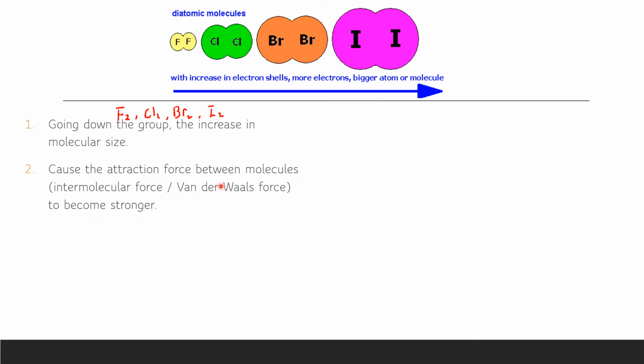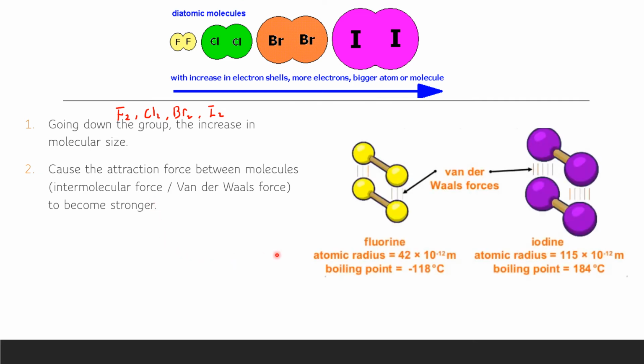The force of attraction between the molecules, we call it intermolecular force of attraction, or the other name is van der Waals force. So the intermolecular force between the molecules becomes stronger. That means we need more heat energy to overcome the intermolecular force of attraction during the melting and boiling process.